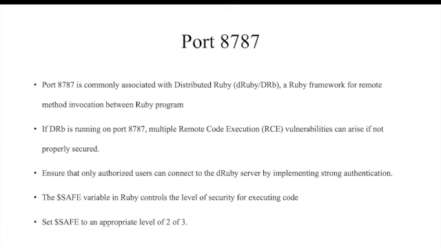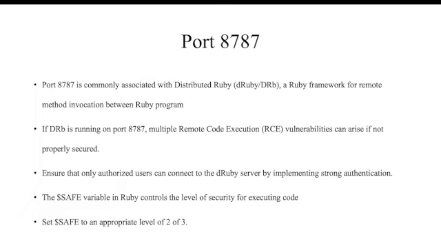Port 8787. Port 8787 is commonly associated with distributed Ruby, a Ruby framework for remote method invocation between Ruby programs. If dRuby is running on port 8787, multiple remote code execution vulnerabilities can arise if it is not properly secured.